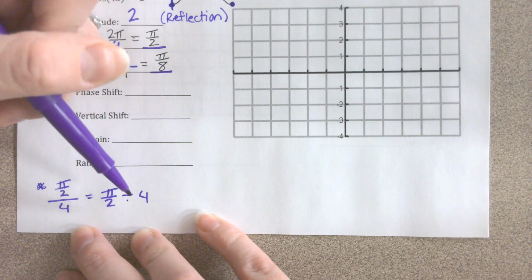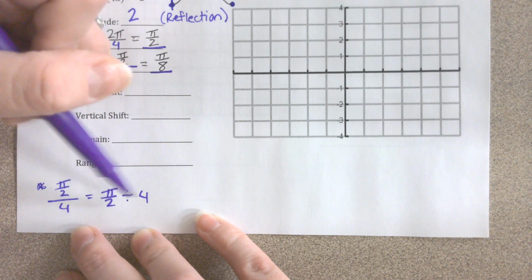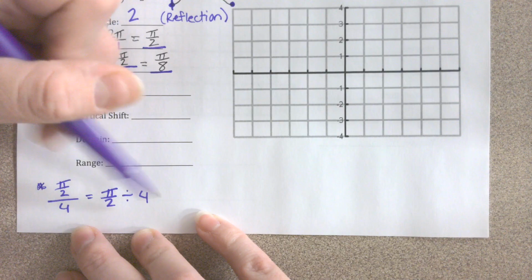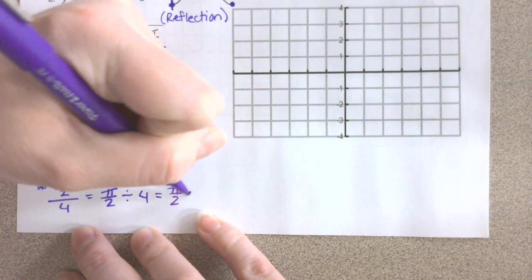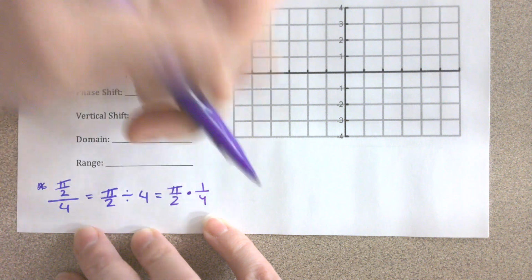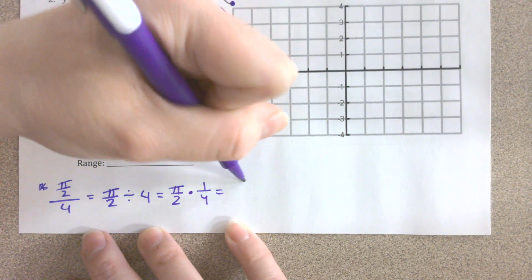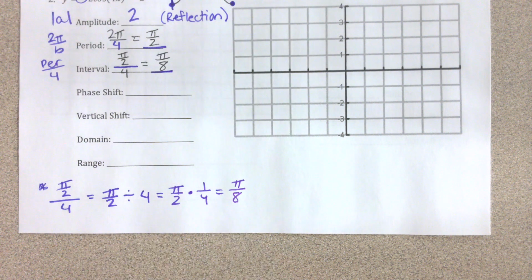Anytime you have division involving a fraction, the rule is keep, change, flip, or multiplying by the reciprocal. So we have pi over 2 times 1/4. And then when you multiply straight across, it's pi over 8, which is what I already had above. So you can do it that way if you'd like as well.